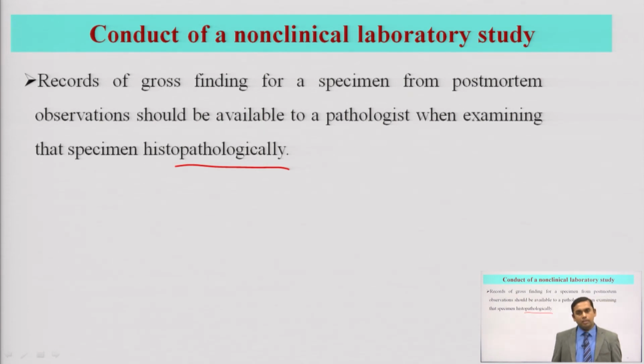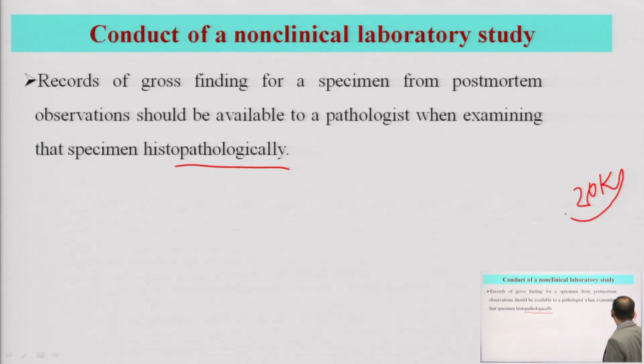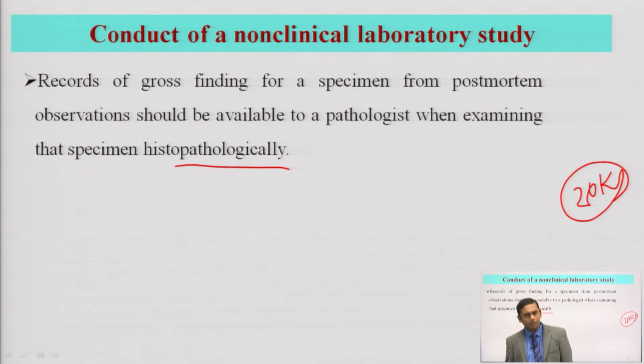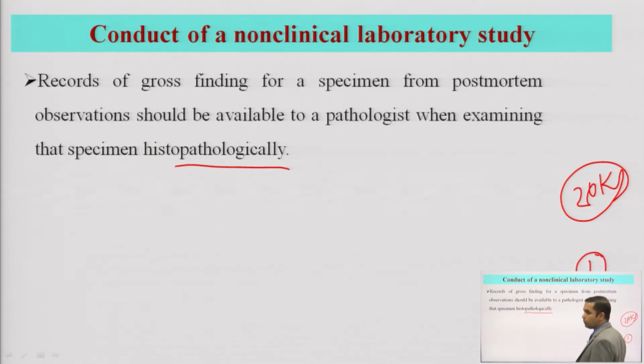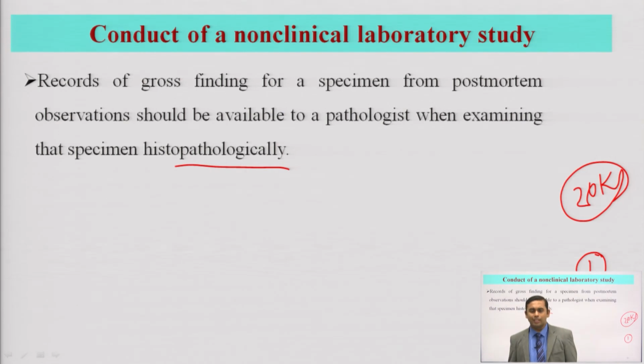Why? For humans there are almost 20,000 different protein-coding genes. For our drug discovery purposes, we are actually trying to target only one protein. That is why we have the famous quotation, one target, one drug.